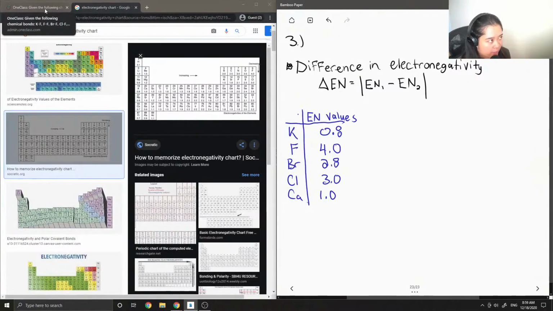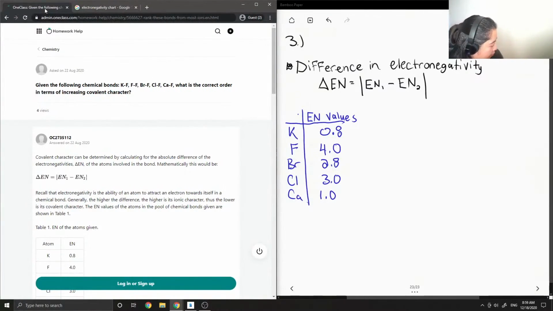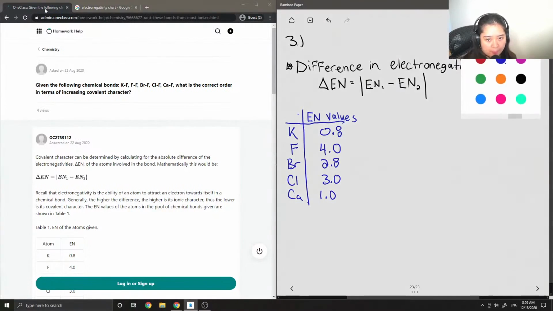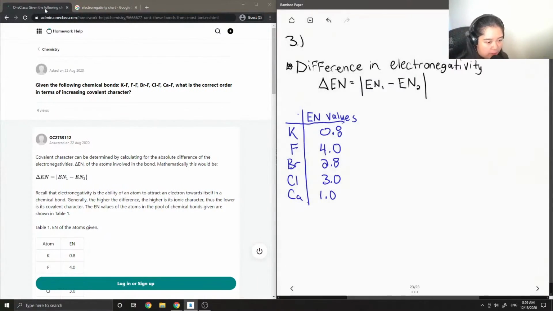Okay, so now that I have all my electronegativity values, I can find the delta En value for all of the different bonds. Okay, so I'll just make a chart showing the bond and then the corresponding delta En value.